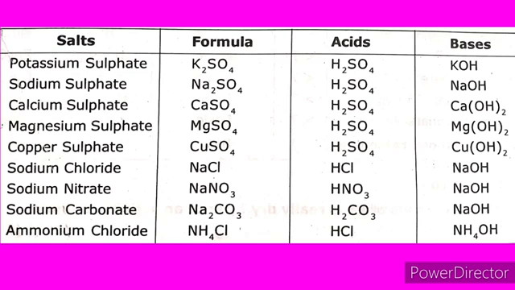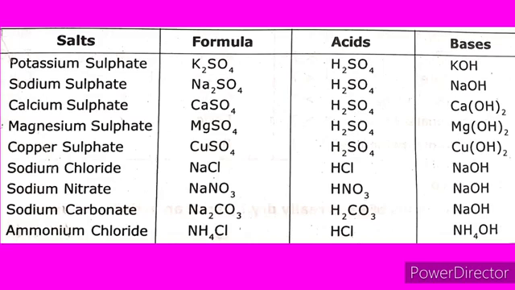And next, sodium sulfate. The formula for sodium sulfate is Na2SO4. The required acid and base are sulfuric acid and sodium hydroxide. Next one is calcium sulfate. The formula for calcium sulfate is CaSO4. The required acid and base are sulfuric acid and calcium hydroxide. Fourth one is magnesium sulfate.